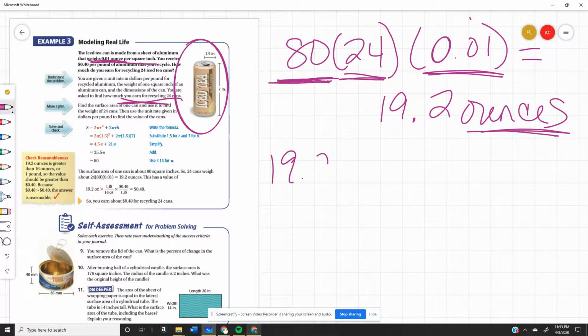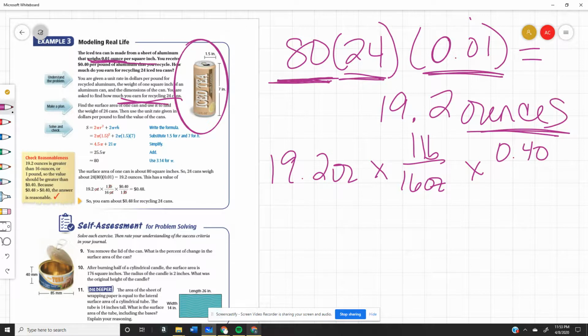So we're going to do 19.2 ounces, times 1 pound over 16 ounces, because 16 ounces is worth 1 pound, times the 40 cents per pound that we get.